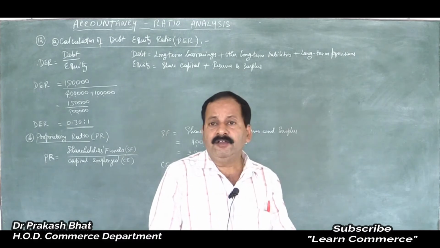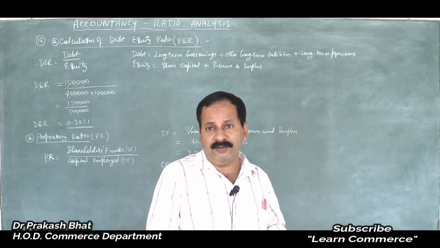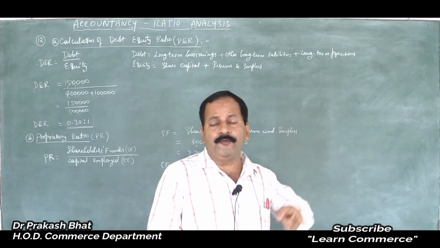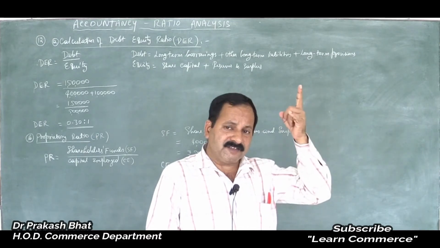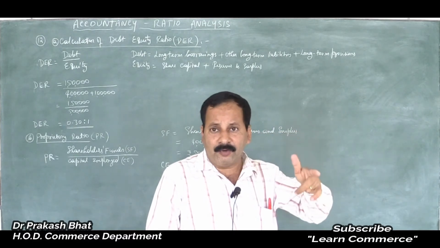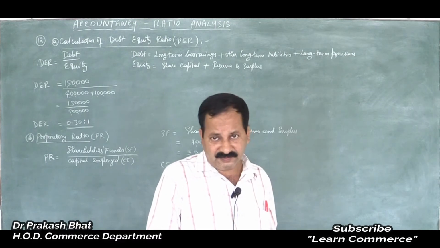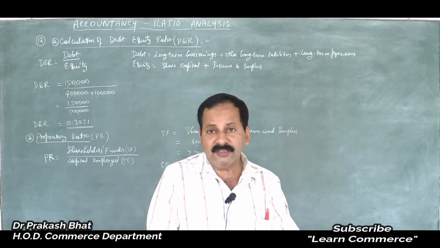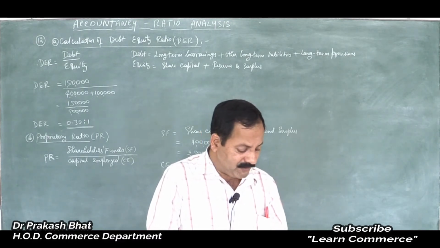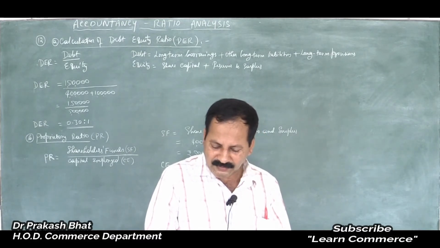Shareholders funds is the internal fund utilized in the business, and borrowed fund is borrowed externally, that is long term borrowings. Short term borrowings are not there; current liabilities are, but they will not come.